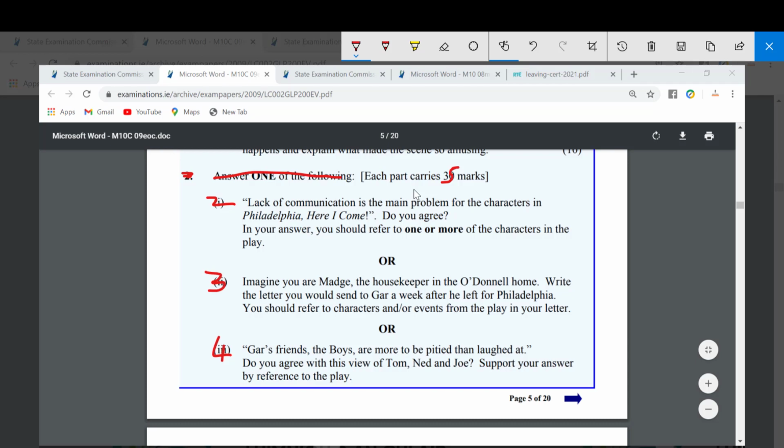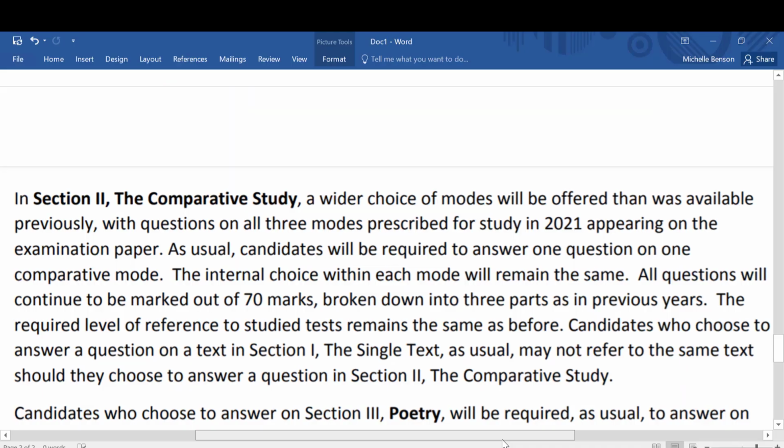Part 1, as we looked at a minute ago, had 3 small parts, 10, 10, 15, and question 2, question 3, question 4, each are worth 35 marks. So you can choose 2 35-mark questions, and therefore you get your 70 marks for the single text, if you want to do the single text, that is.